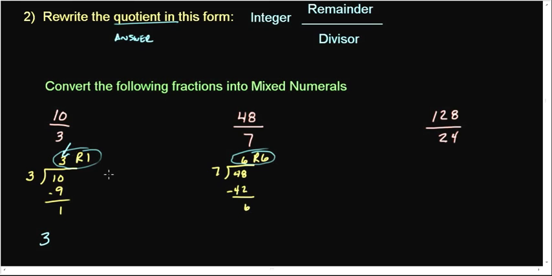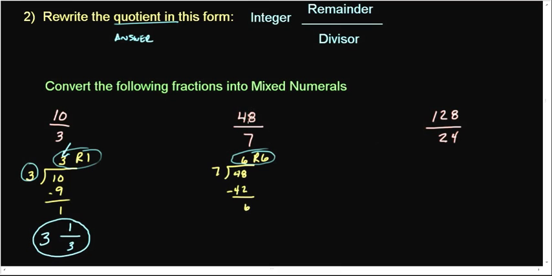That's this 3, by the way. The remainder goes up top, so I have a remainder of 1, that's up top. And then I put a fraction bar down, and the divisor goes underneath, this 3. And so 10/3 can be rewritten as 3 and 1/3.